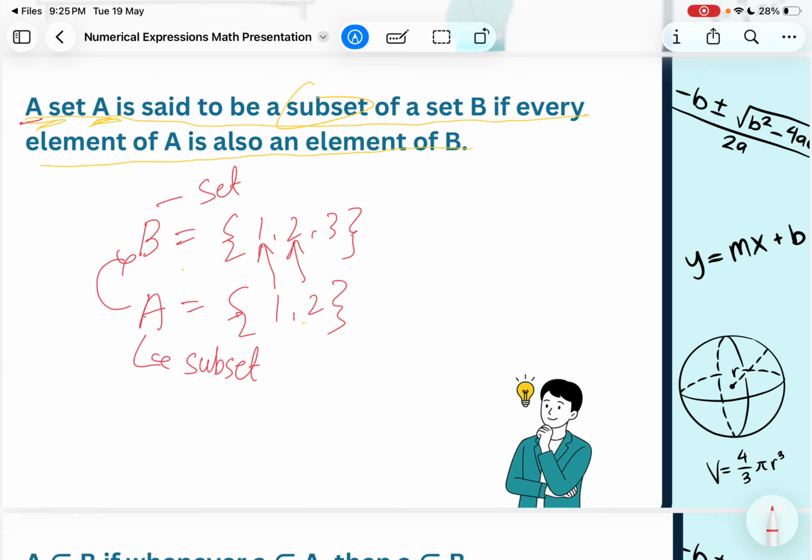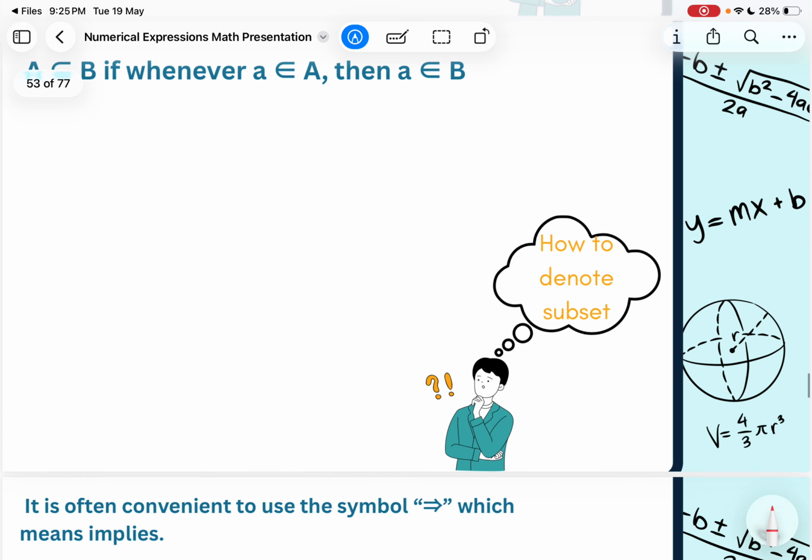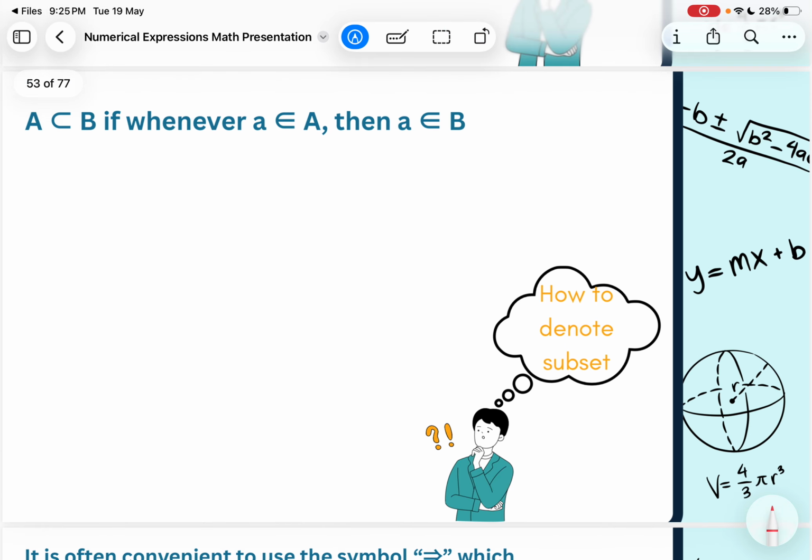A set A is said to be a subset of set B if every element of A is also an element of B, right?